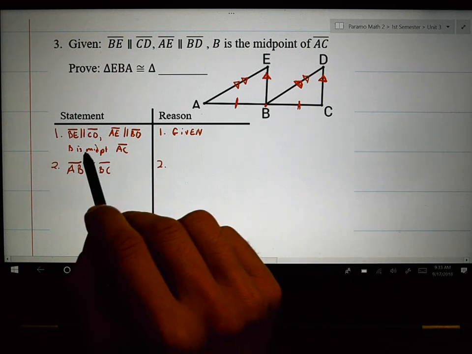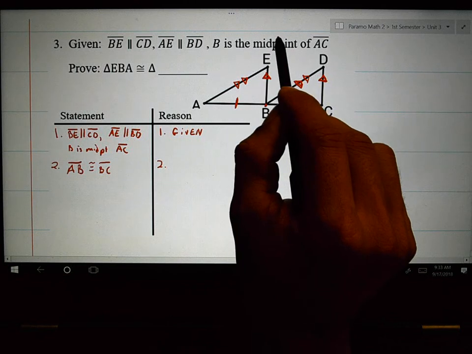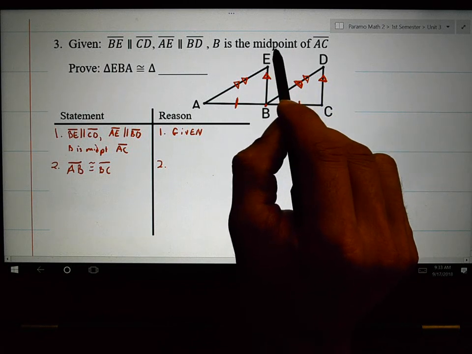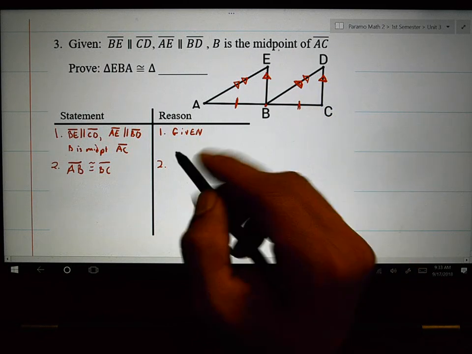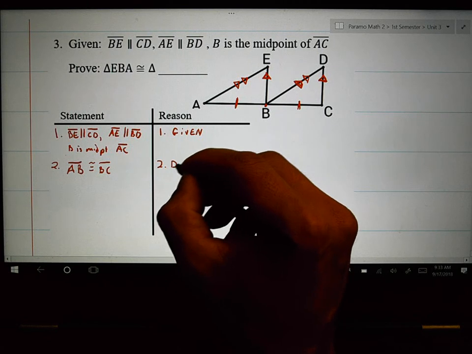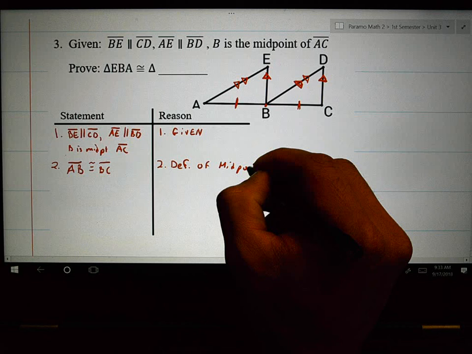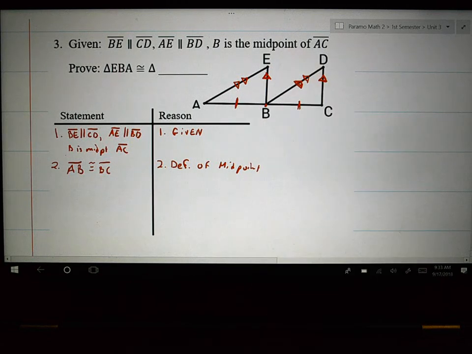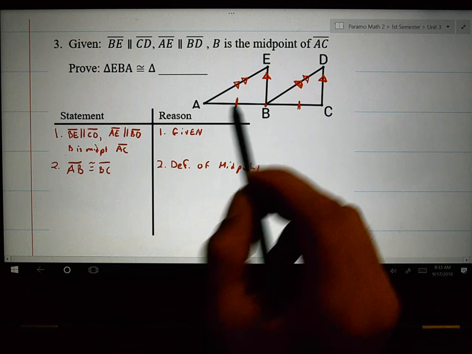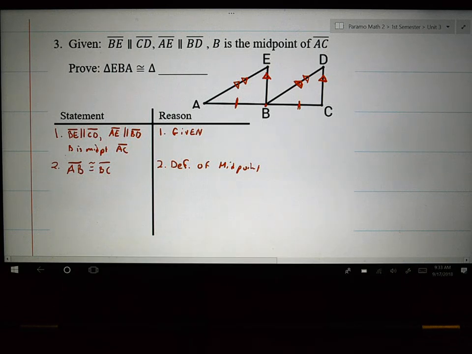It has something to do with this word. Definition of a midpoint. So when we're using that word's definition, we can say the definition of a midpoint. That gives you one side of your triangle is congruent to one side of your other triangle.